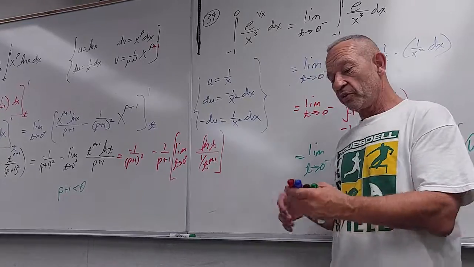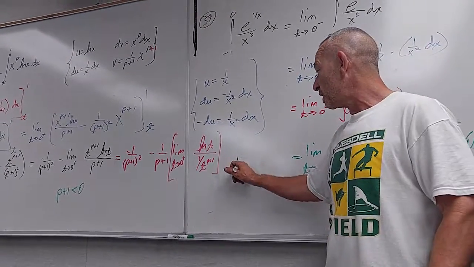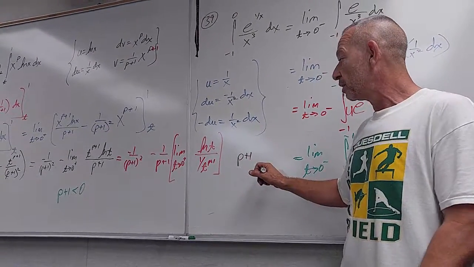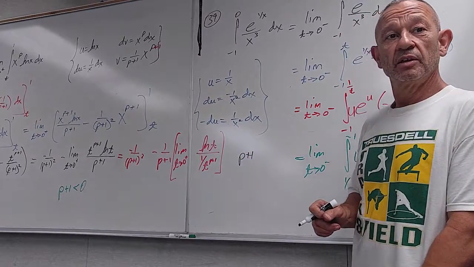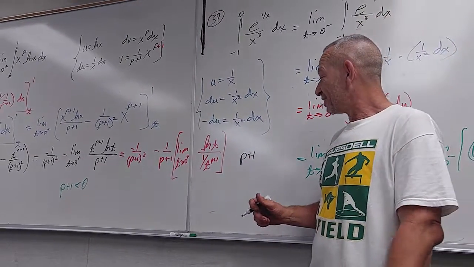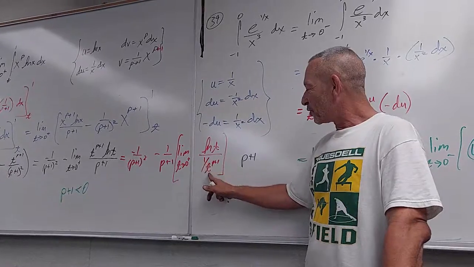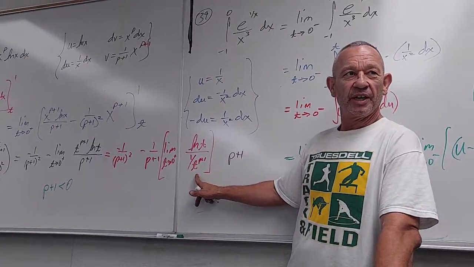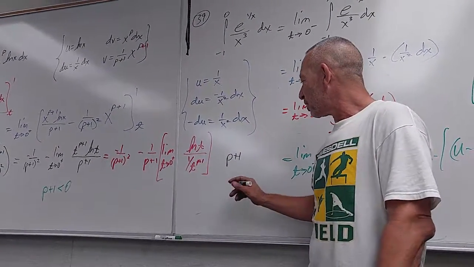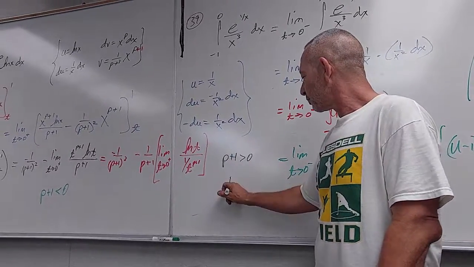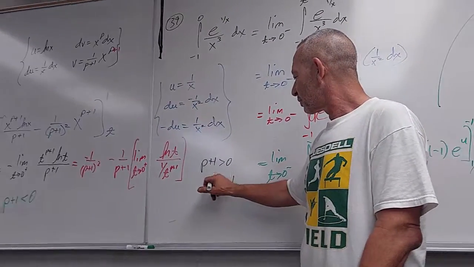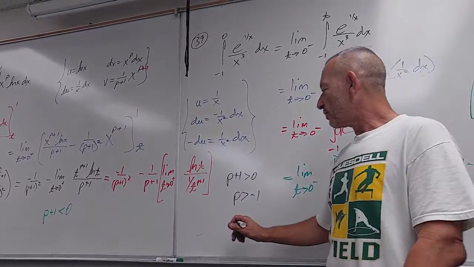So in other words, at this point, 1 over 0 is infinity, right? So I need p plus 1 to be positive. So right now, I've got that condition.